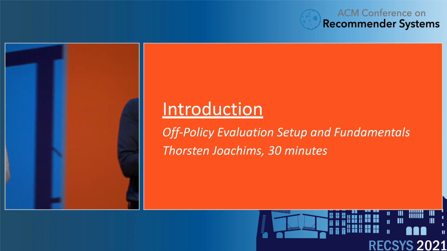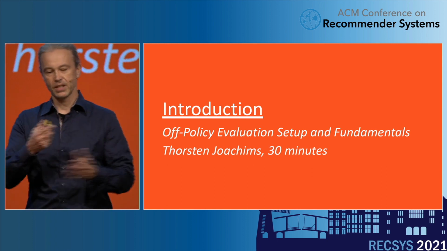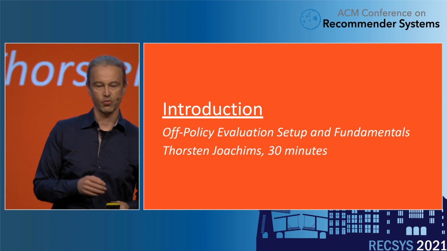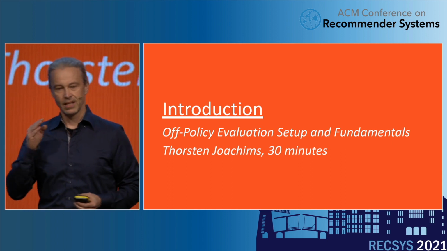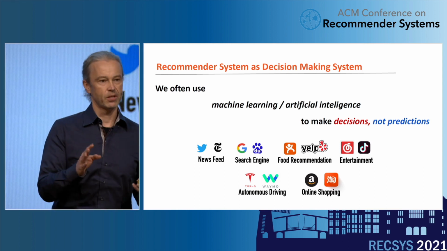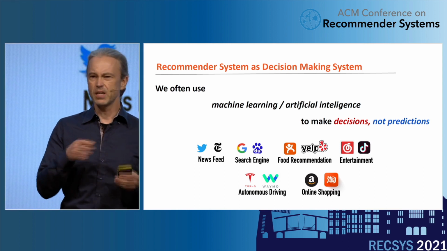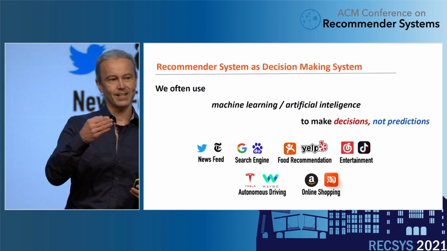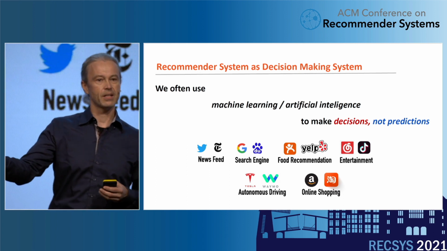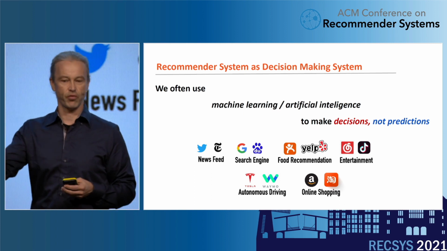Sure. Cool. All right. So I'll start out with setting the stage and talking about the two main approaches that exist for the evaluation problem. At the core of all of this is a view of recommender systems not as making predictions, but really as systems that are acting, that are making interventions in the world to have a desired effect.